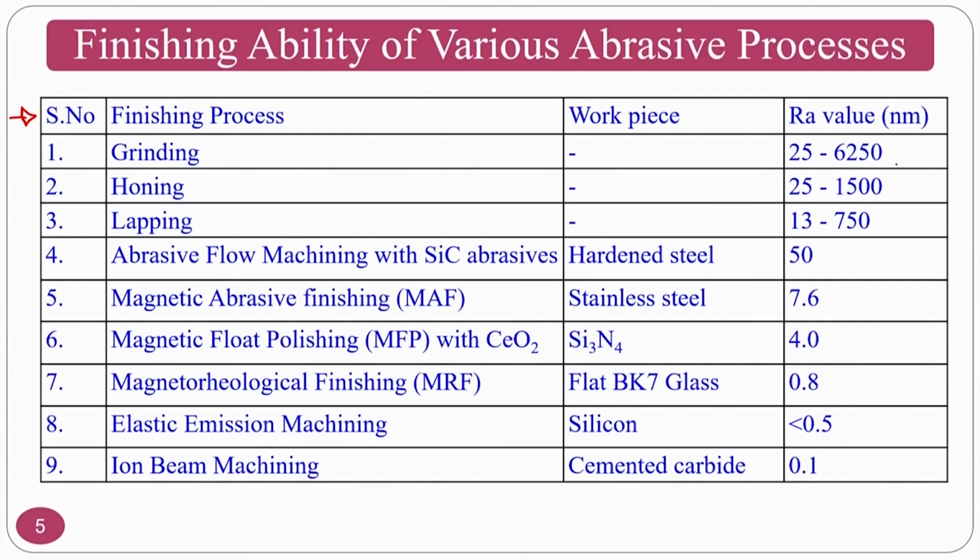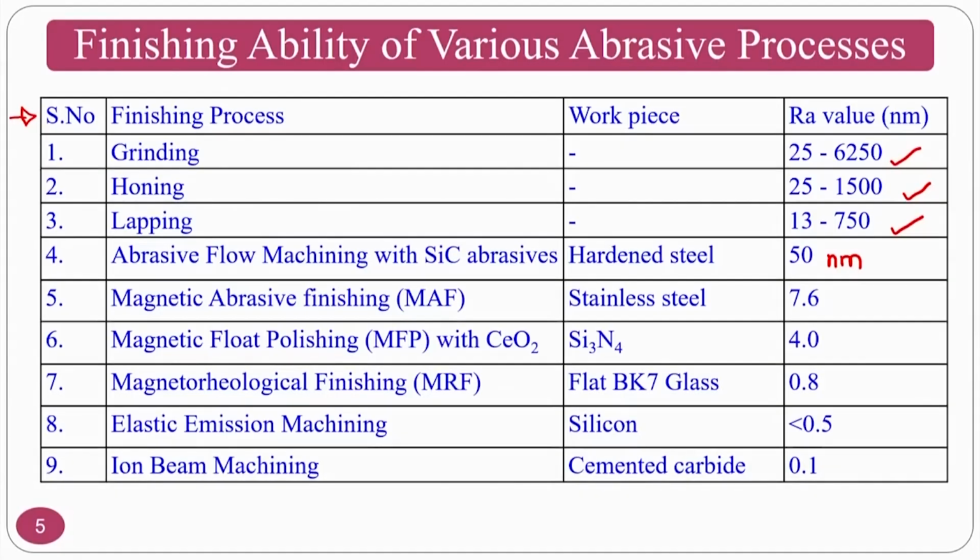If you are going for grinding, you can achieve a value like 25 nanometers with micro grinding or very super finish type of grinding, and also honing and lapping processes. And in the abrasive flow finishing process, the best surface finish achieved by Extrude Hone company is 50 nanometers. However, there are some reports where people have worked extensively and achieved below this on some of the common materials also.